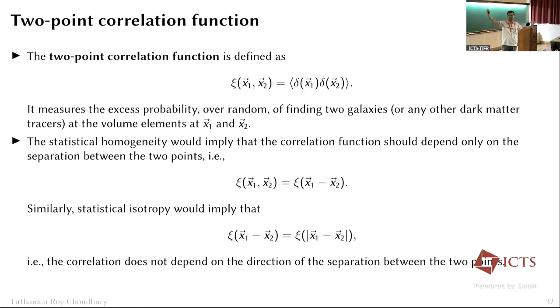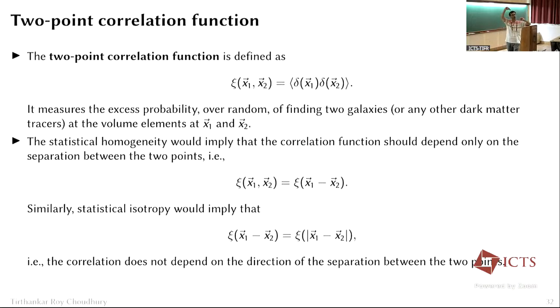That you don't want. So statistical homogeneity will imply that psi is only a function of x1 minus x2, the difference between the 2 points. Isotropy will imply that it is a function of only the magnitude of x1 minus x2.